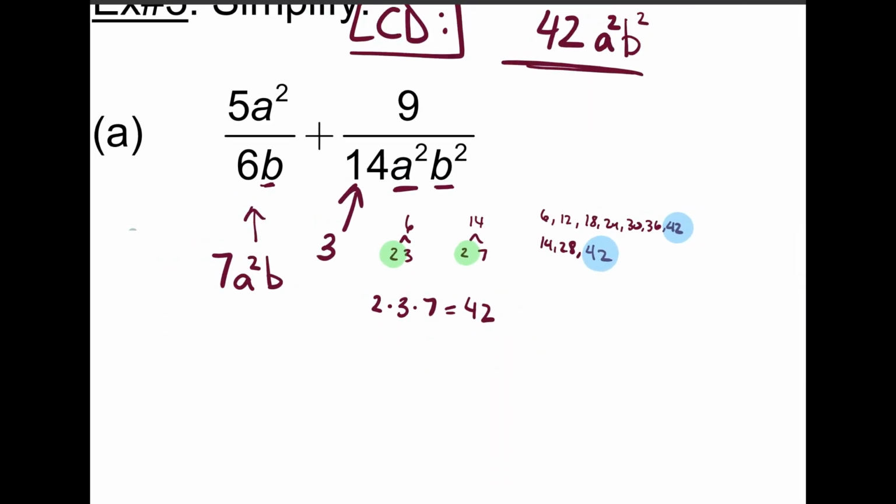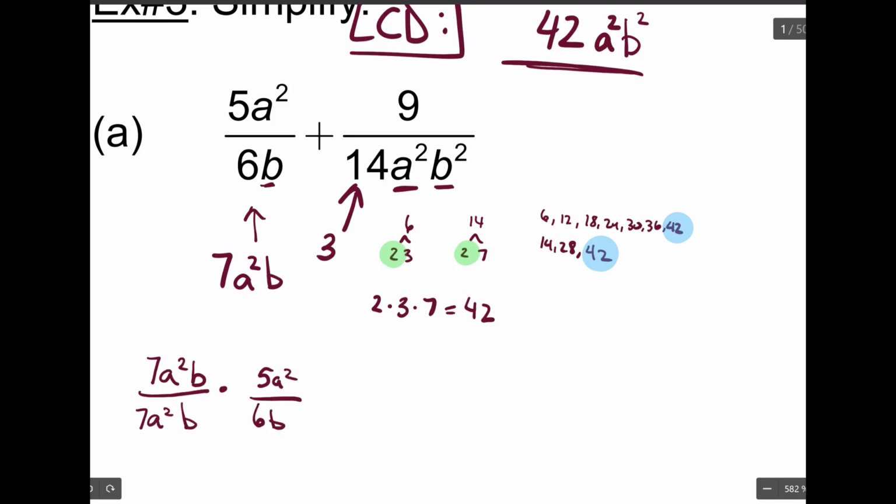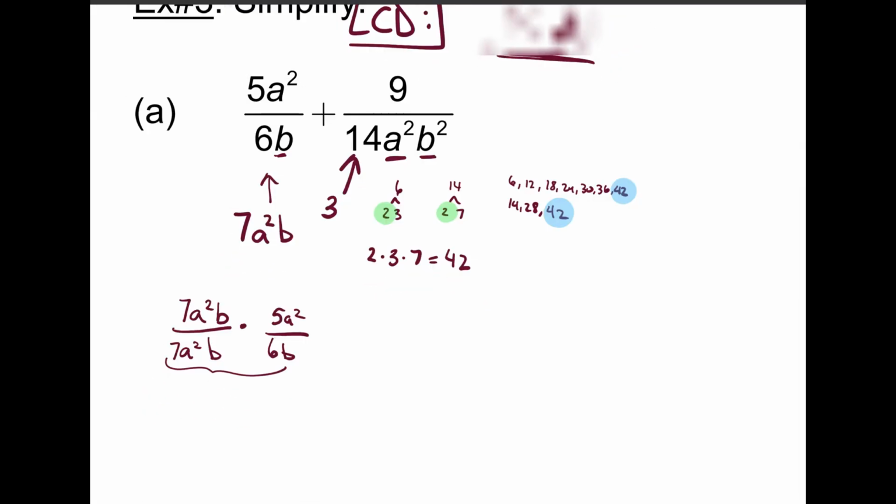So I'm going to scroll up just a little bit, and I'm going to rewrite this. So I need to multiply by 7a squared b over 7a squared b. That's what I need to multiply 5a squared over 6b by. Because when I multiply the bottom out, I'm going to get my least common denominator, which is 42a squared b squared.